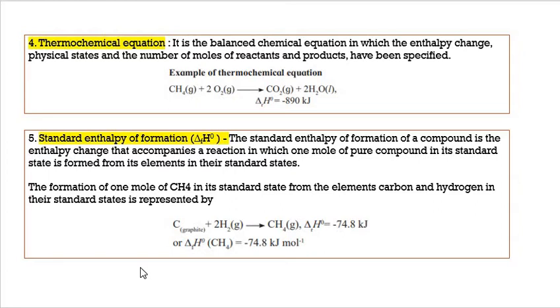For example, the formation of 1 mole of methane in its standard state from carbon and hydrogen in their standard states. It can be represented with carbon taken as graphite and hydrogen taken in gaseous state, forming methane which is gaseous, and here delta RH naught is minus 74.8 kilojoules. Here delta FH naught of methane is minus 74.8 kilojoules per mole.